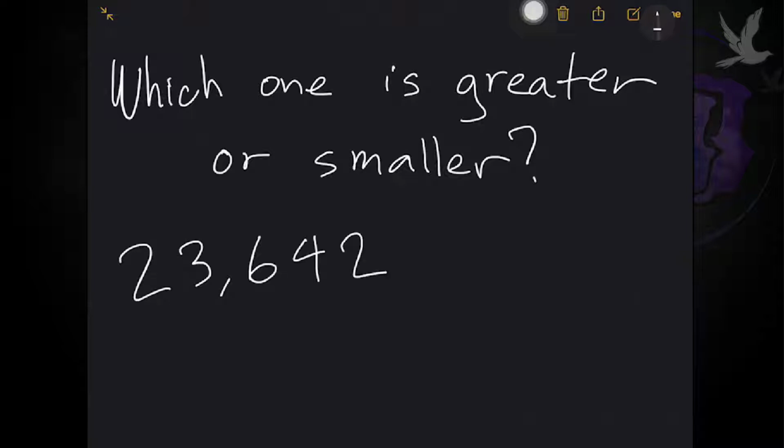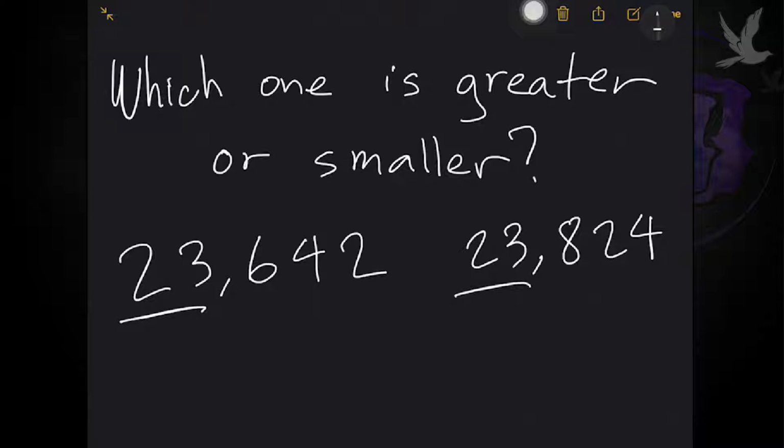23,642 or 23,824? Okay, so if you notice, both numbers start with 23,000. It's just that when you reach the hundreds place here, you notice that there is a slight difference.